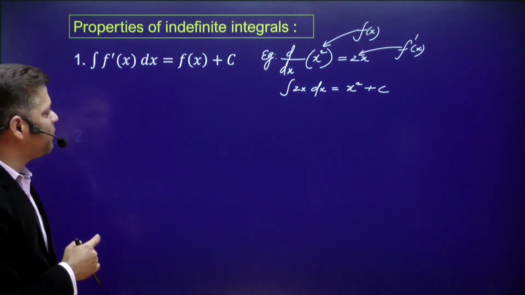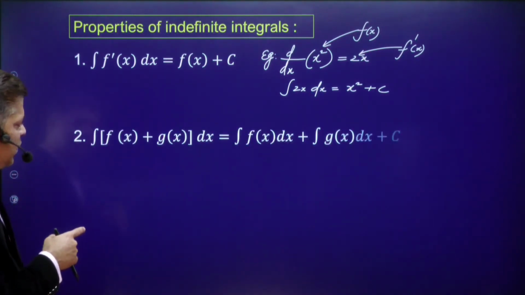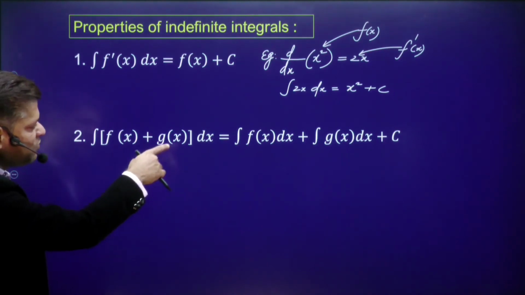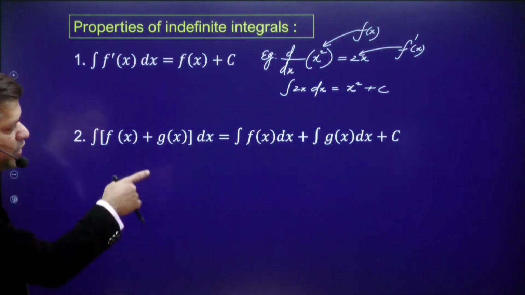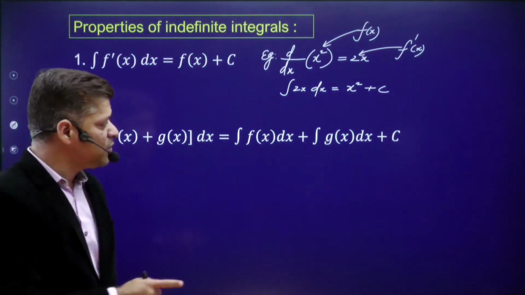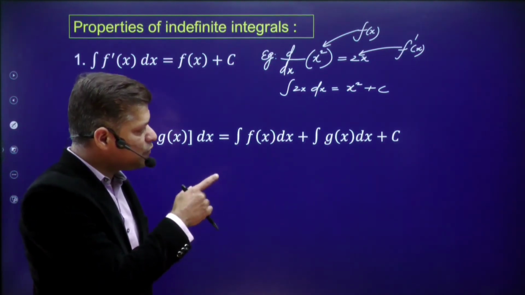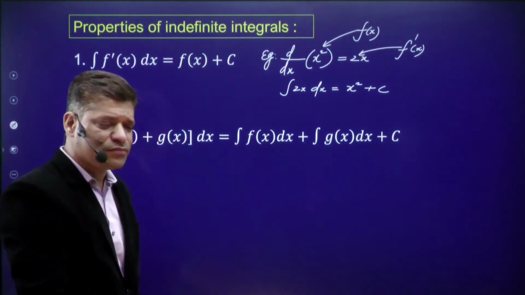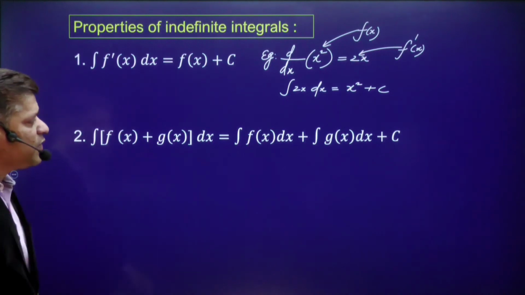The next property, my dear students: integration of fx plus gx into dx will be equal to integration of fx dx plus integration of gx dx plus c. What is the meaning of this property?